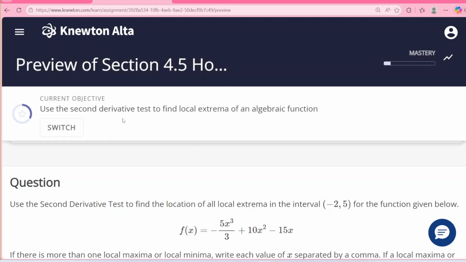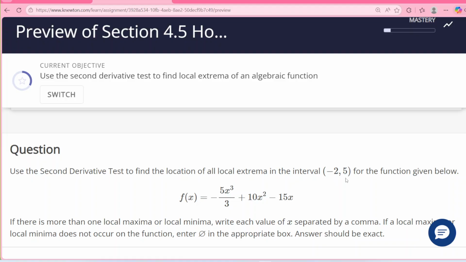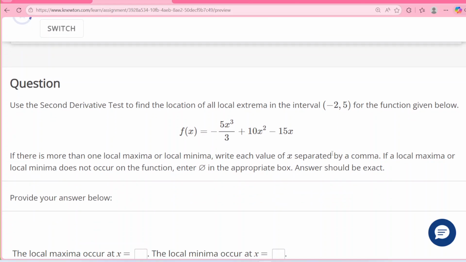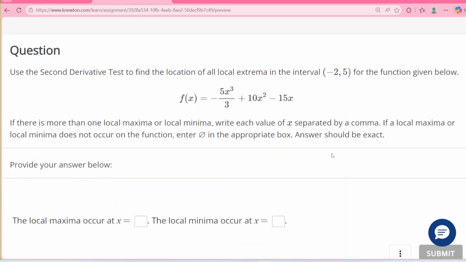All right, so here's another one where we're asked to use the second derivative test, but just on a specific interval. Maybe I'll go to Desmos again and look at it between negative 2 and 5. We have this polynomial function on that interval, and where are the hills and valleys, the local maximum and local minimum values, going to occur, at what x values?